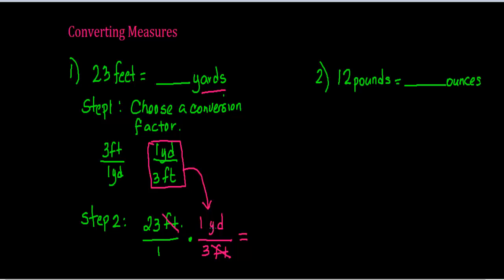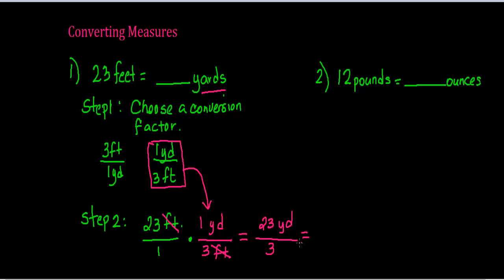So now how do I finish this problem up? Well, I use fraction multiplication, which is numerator times numerator and denominator times denominator. So I would end up with 23 times 1 yard. That makes 23 yards. And in the denominator, 1 times 3, which is 3.